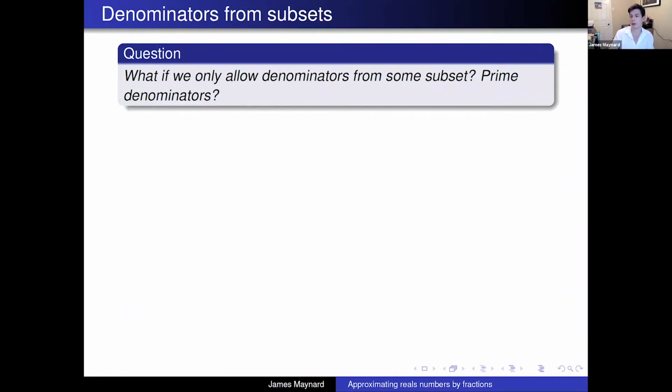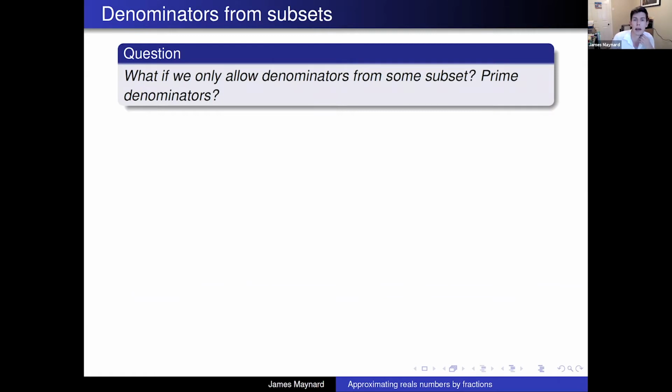Let's now move over to the other question that I asked: what if we only allow denominators from some subset? How well can you, say, approximate real numbers with rationals with prime denominators?